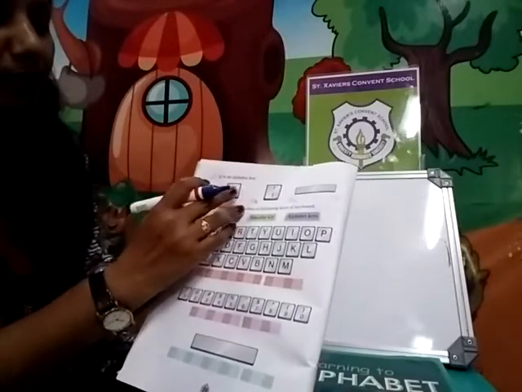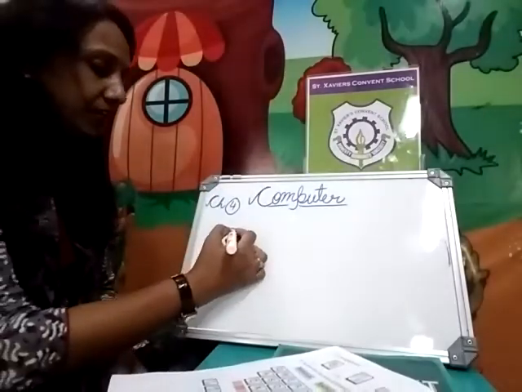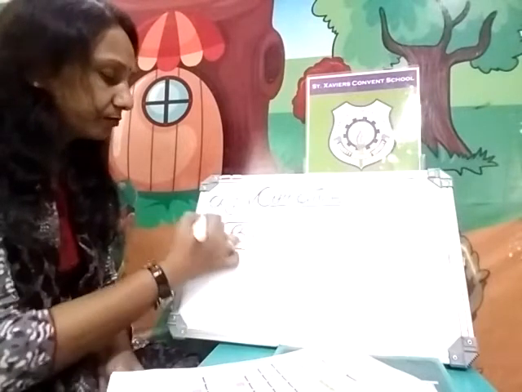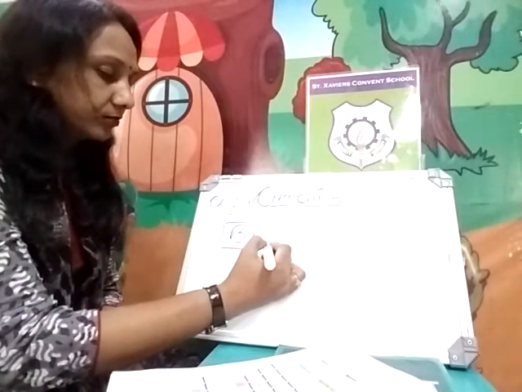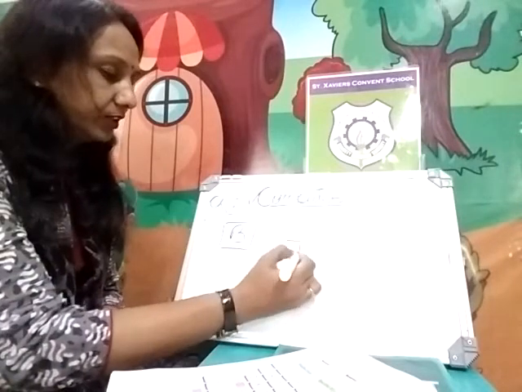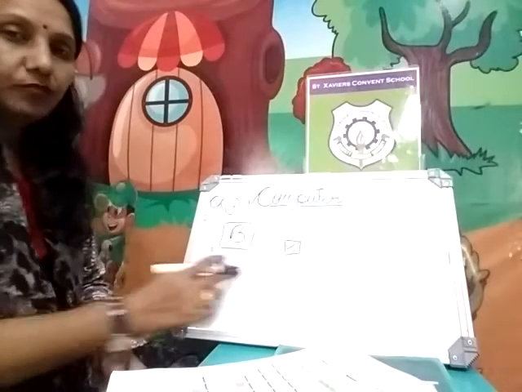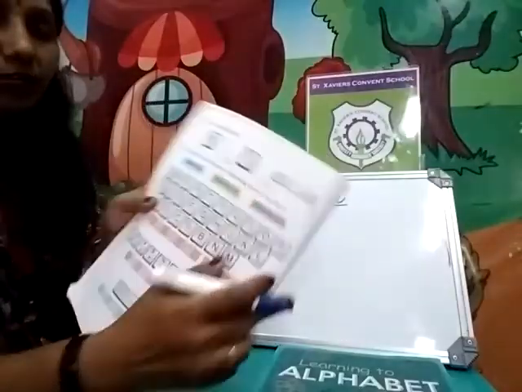So for alphabet, which will you take? Option A, where it's written B. This one is that. There you will tick option A. B and C will be wrong.